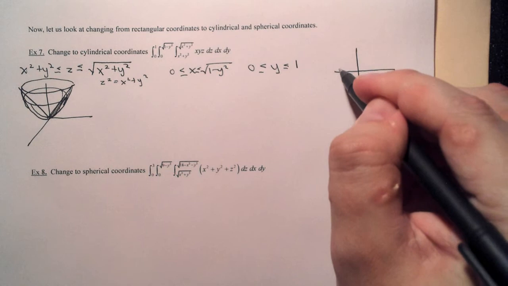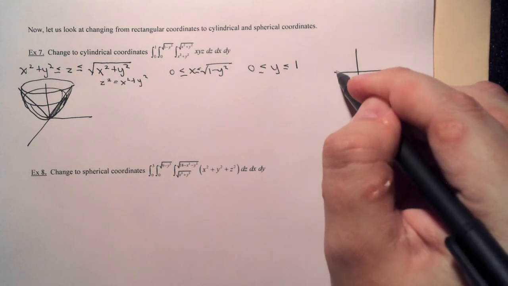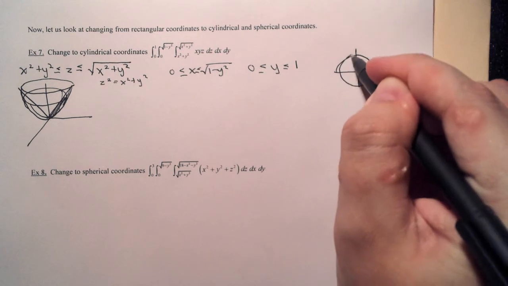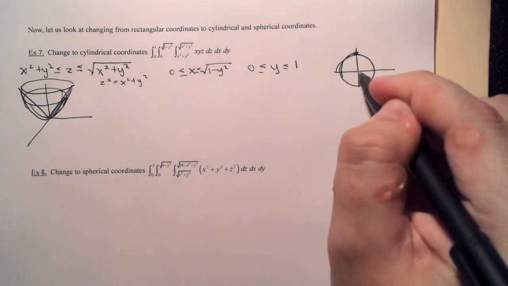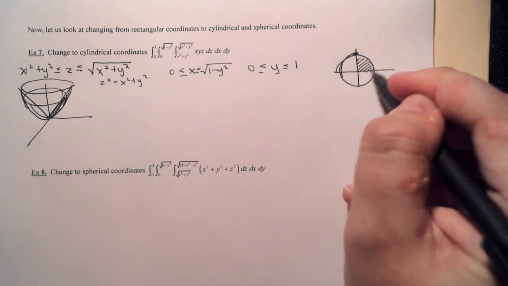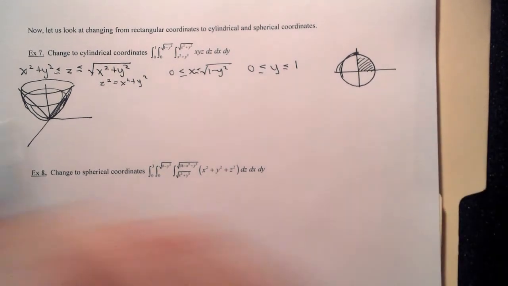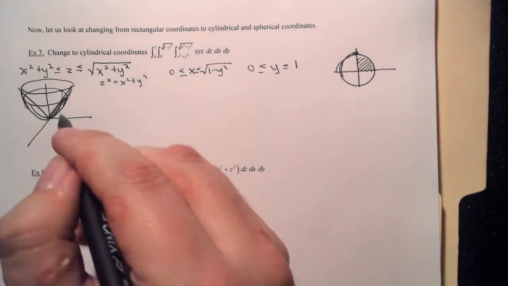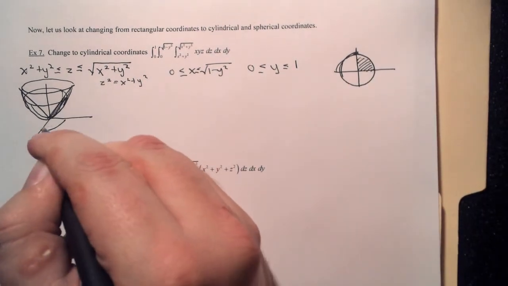All right, let's draw this circle. So x goes from 0 to the circle, y goes from 0 to 1. The trace in the xy plane is this little quarter circle right here. That's the region I am integrating over.